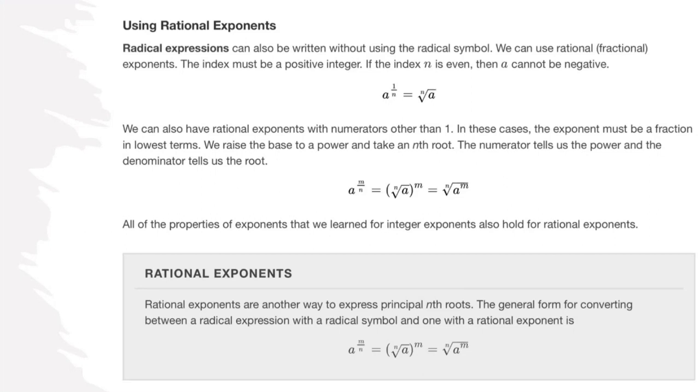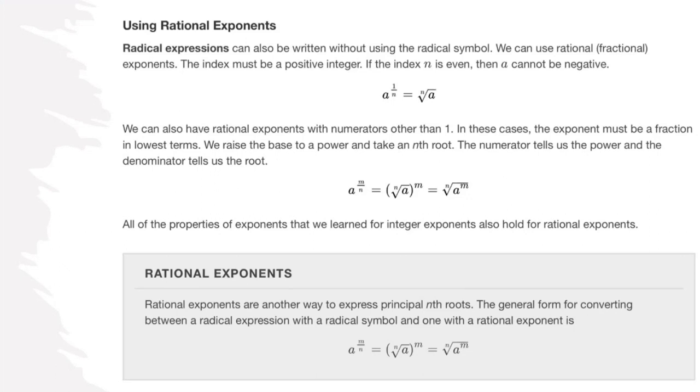The index must be a positive integer. If the index n is even, then a cannot be negative, right? So we can't take the even root of a negative number. We can also have rational exponents with a numerator other than 1. Rational exponents are another way to express principal nth roots.